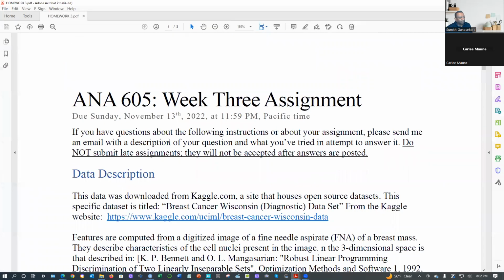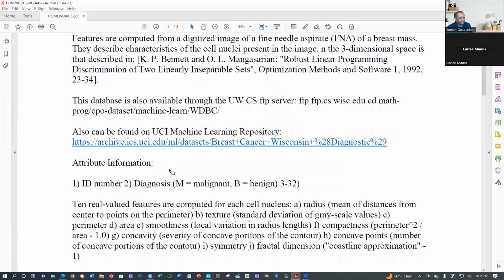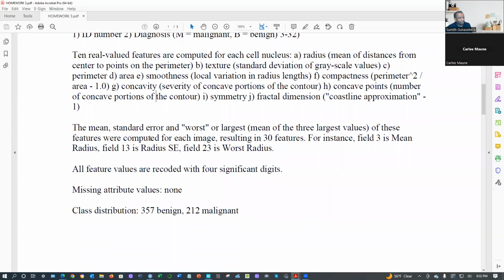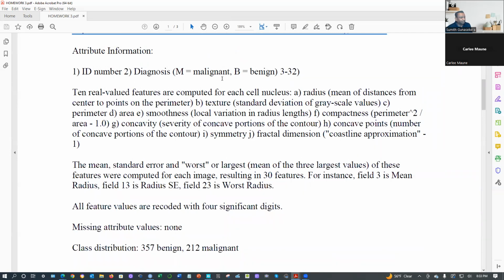See, this data has like 10 variables plus this categorical one, and altogether 31. 30 plus this one, diagnosis, plus another 10 variables.